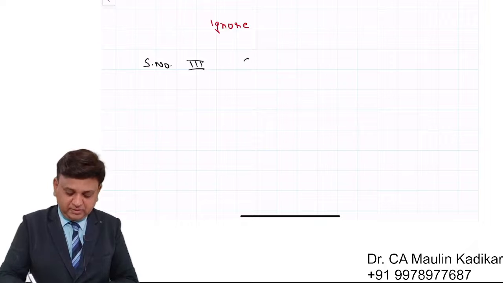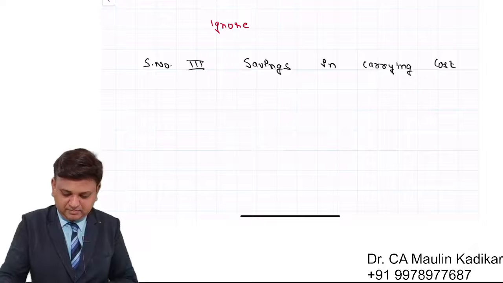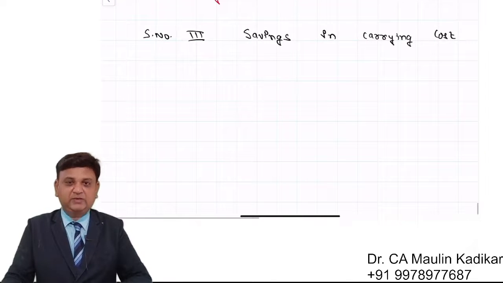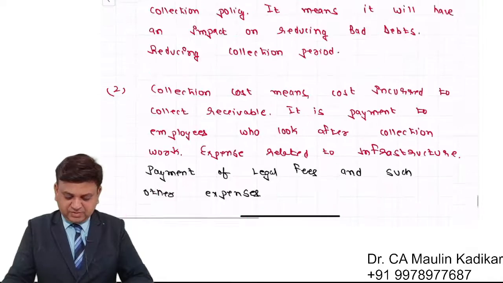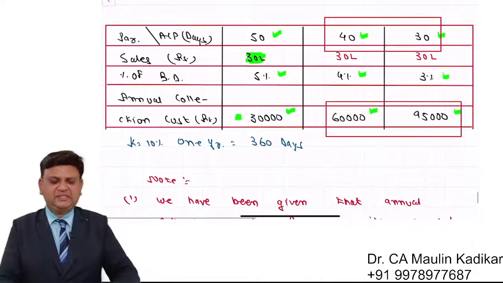Step number three, savings in carrying cost. We are going to understand how to calculate the savings in carrying cost. Many times students have a question: why have you written savings this time? The answer is very simple.